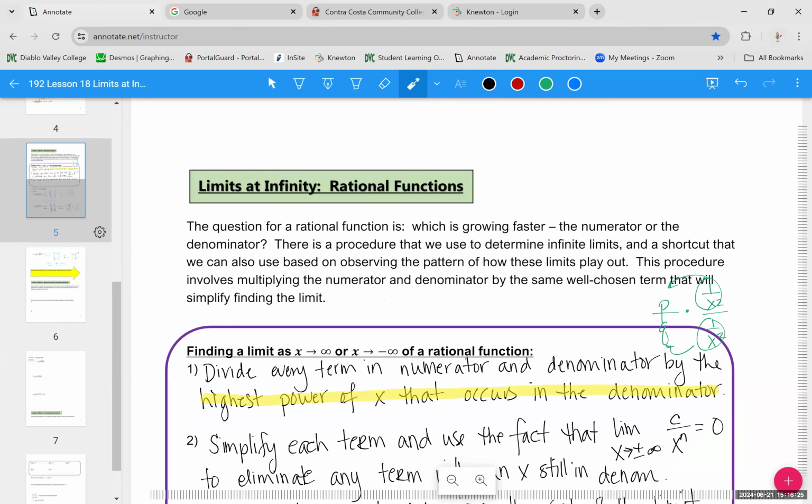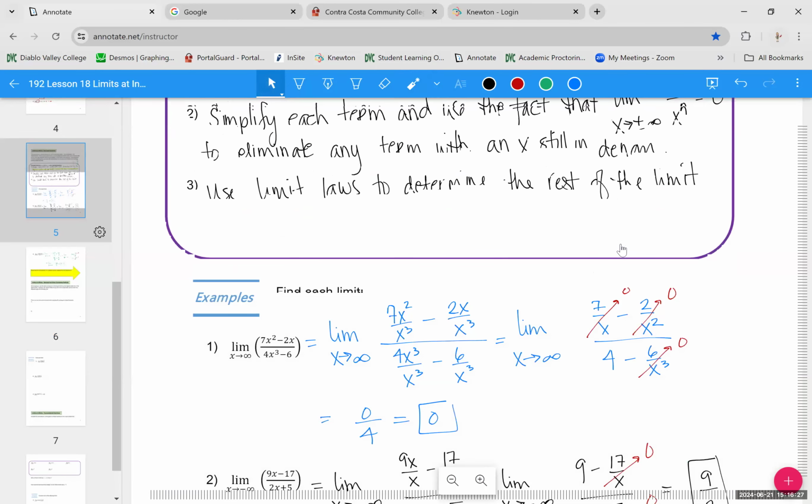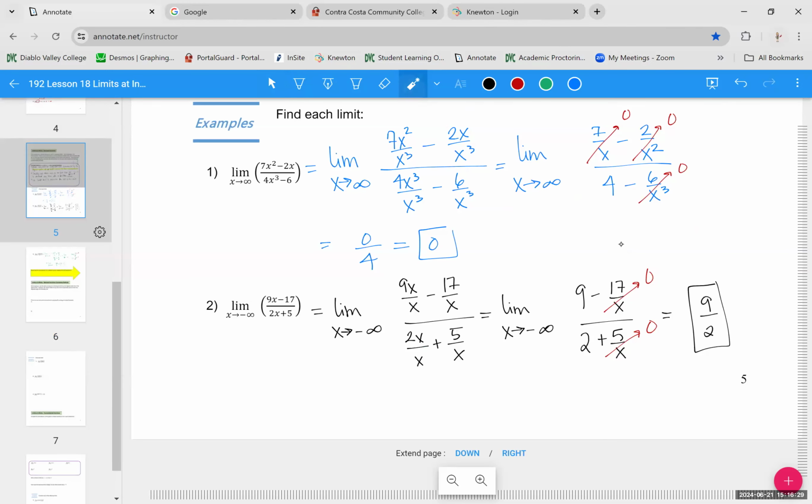If we look at the 2 that we did on the previous page, here the powers of the numerator and denominator were the same, and so when we divided by that highest power, we ended up with just these leading coefficients as constants, and so that was the limit. And last but not least, in the first one, the power in the denominator was higher than the power in the numerator. So when I divided by that x cubed, everything in the numerator ended up going to 0. So our entire limit went to 0.